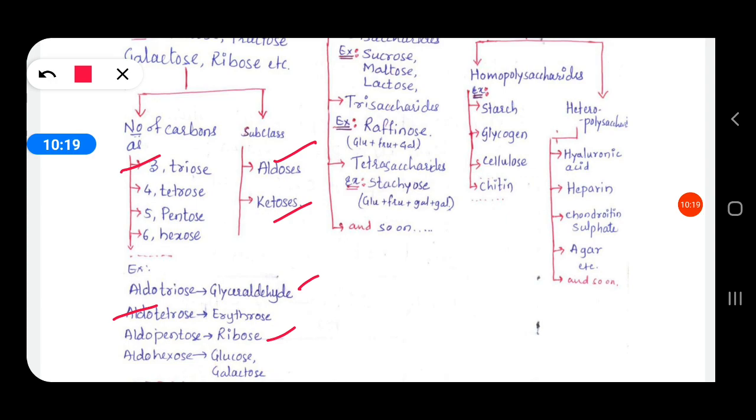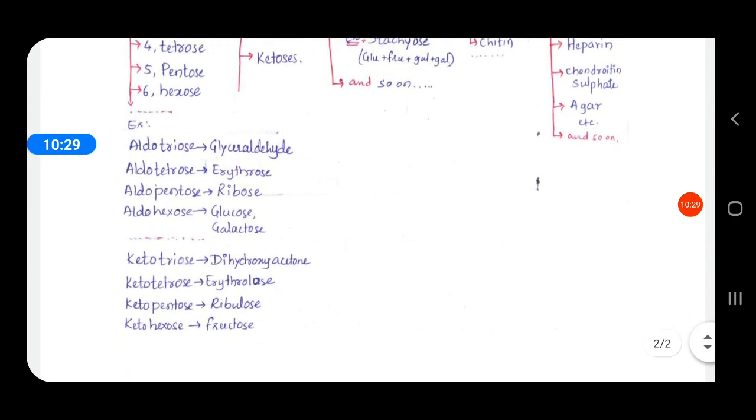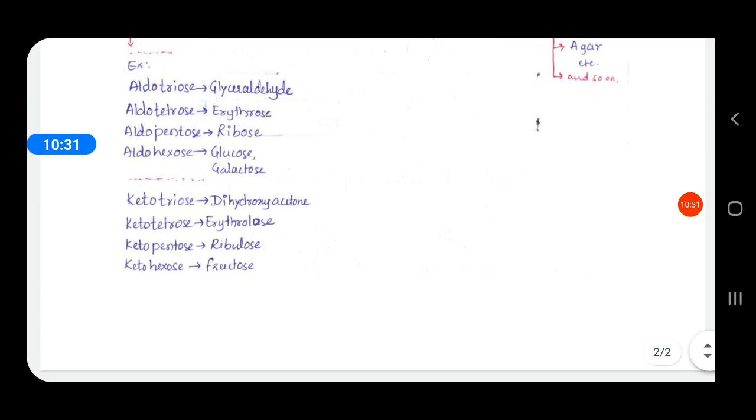Aldohexose, aldehyde group containing 6 carbons. So examples are glucose and galactose are the most common examples. If carbohydrates contains a ketonic group and there are 3 carbons, then they are called ketotriose.